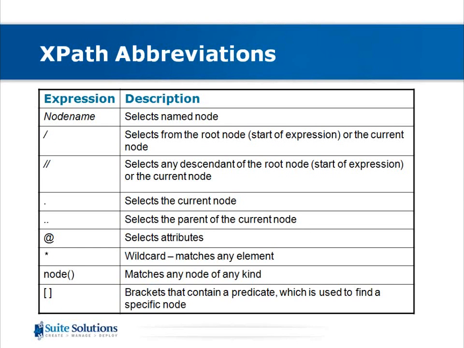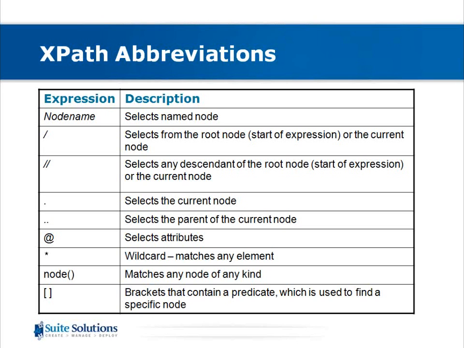Dot selects the current node, that's the same as saying self. Double dot selects the parent of the current node, that's the same as saying parent. The @ sign, as we saw previously, selects an attribute of the current node. The asterisk is a wildcard, it matches any node. The node() test matches, again, any node of any kind, whether that be a text or a processing instruction.